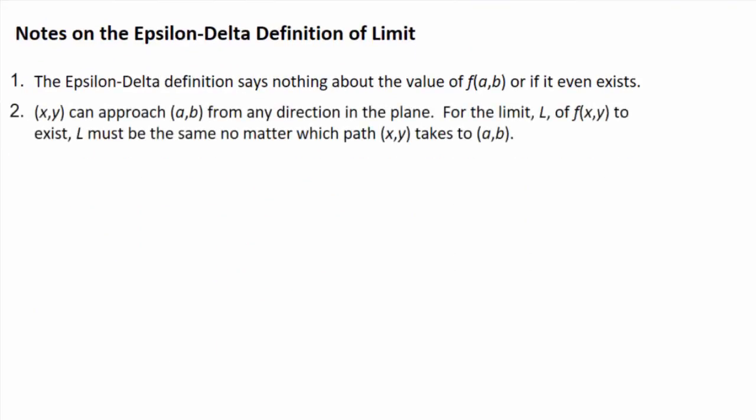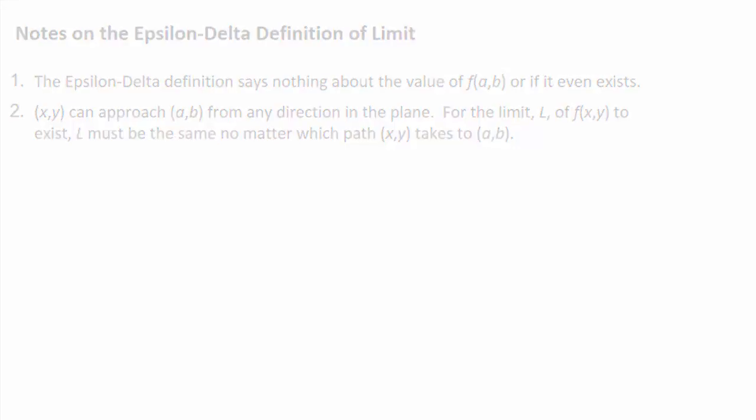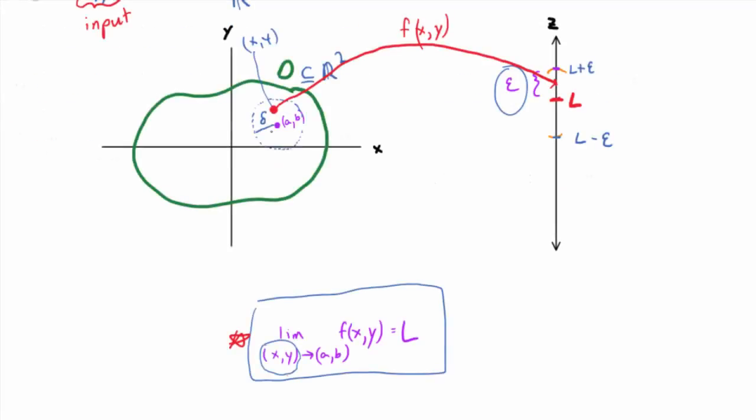Note number 2, xy can approach AB from any direction in the plane. For the limit L of f of xy to exist, L must be the same no matter which path xy takes to AB. When you look at the Calculus 3 picture, xy can approach AB from this direction, from this direction, from this direction.